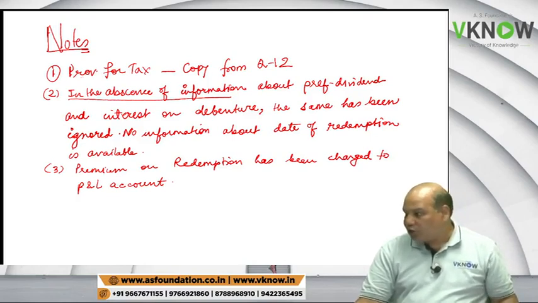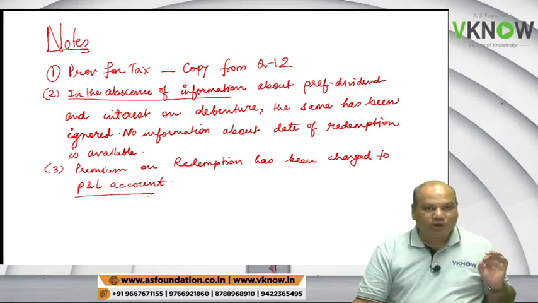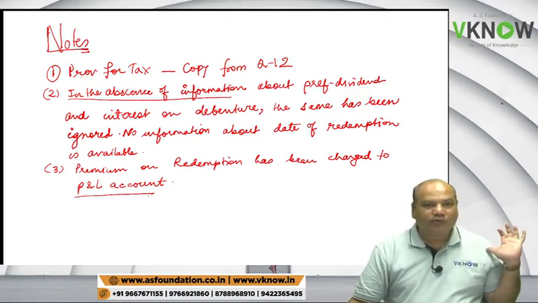Premium on redemption we are assuming is charged to P&L account. Otherwise, if you assume general reserve, I have no problem, but you have to make a working note to find out the missing figure in general reserve.